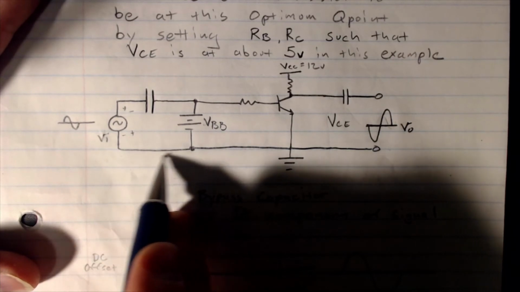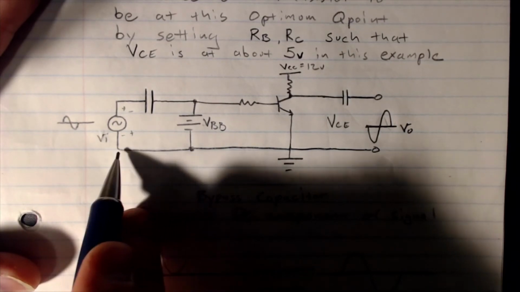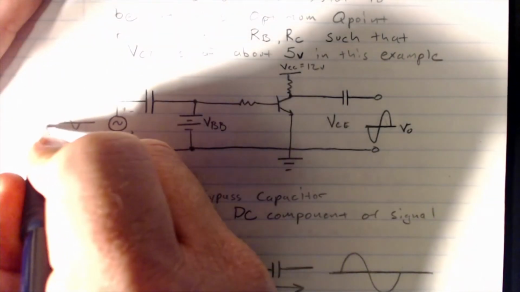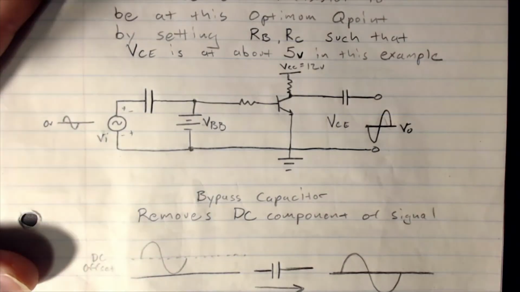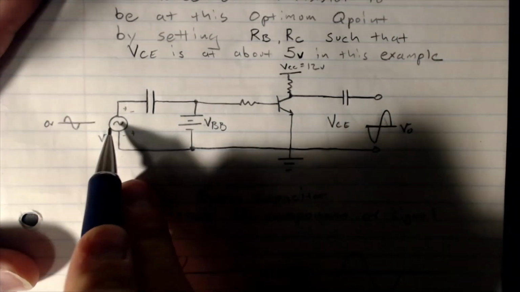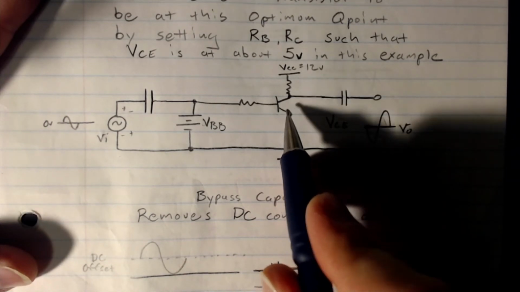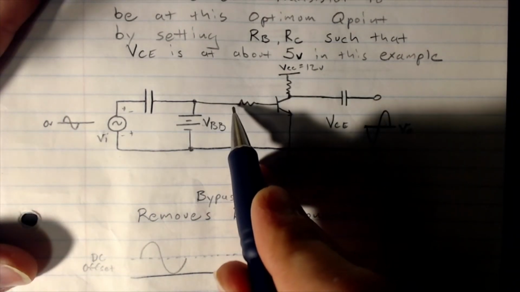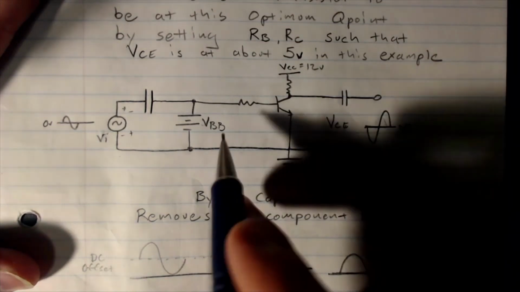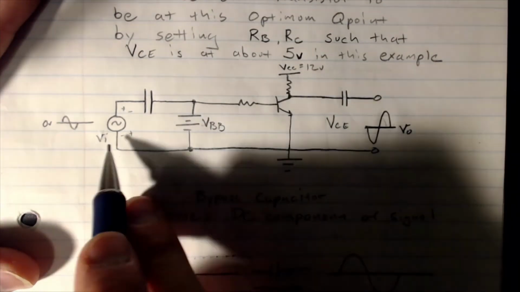So we're actually moving around 0 volts. Well, that creates a problem for our transistor circuit, right? Because our transistor circuit wants to be biased at that Q point that's in the center of the load line. So how do we put these two together?